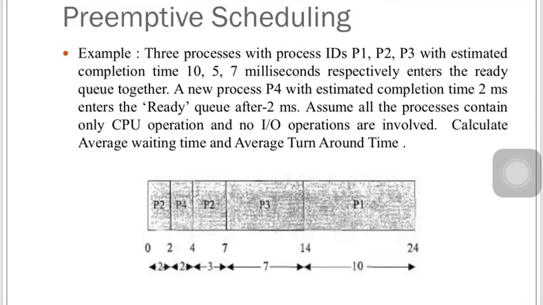P1 takes 10 milliseconds, P2 takes 5 milliseconds, P3 takes 7 milliseconds to execute. A new process P4 with an estimated completion time of 2 milliseconds enters the ready queue after 2 milliseconds. Okay, now P1, P2, P3 were there initially, and P4 enters after 2 milliseconds.